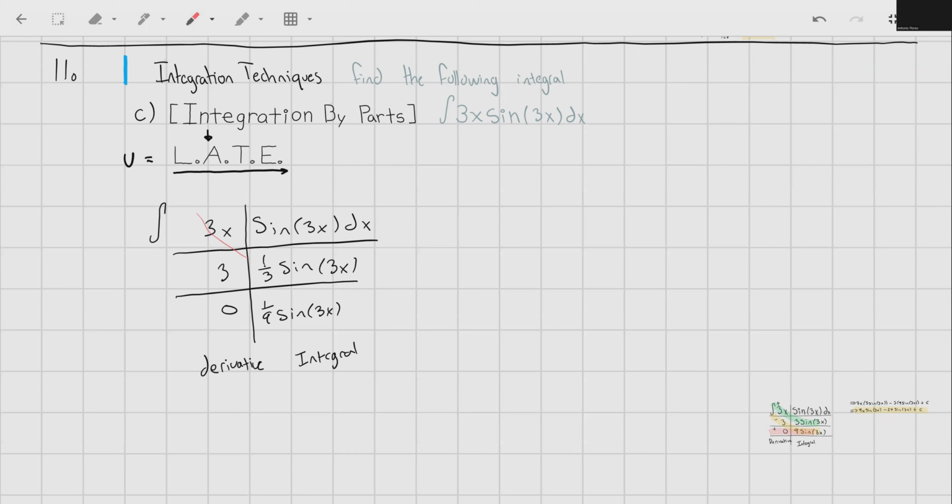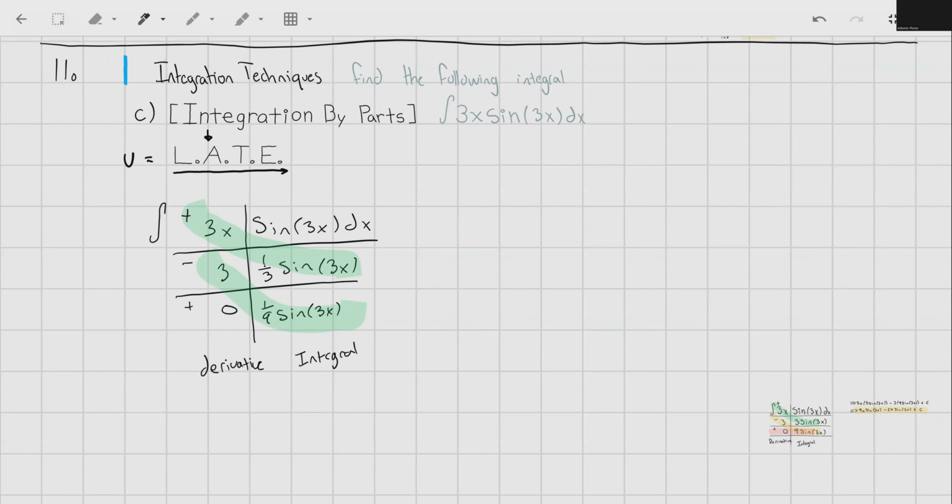And then what you do from here is you multiply 3x by this, 3 by this part, and then this first one is positive, this is negative, this is positive.